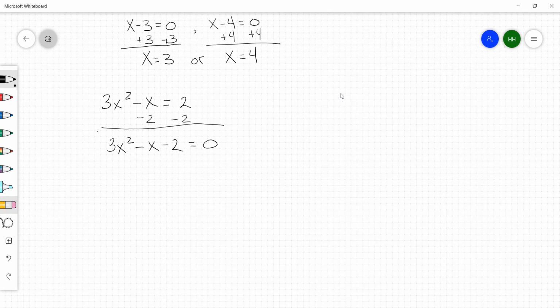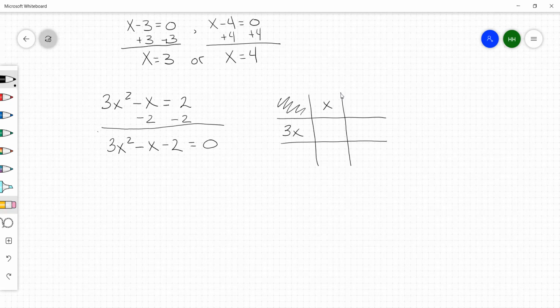And now we talked about yesterday when this leading coefficient is not a 1 that we're going to draw a table. And the two factors of 3x squared, fortunately, there's only two factors of 3x squared. That's 3x and x.